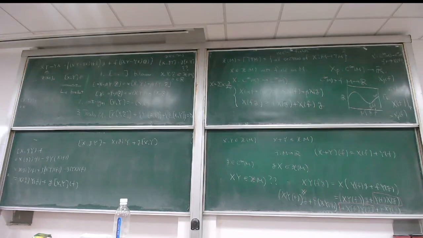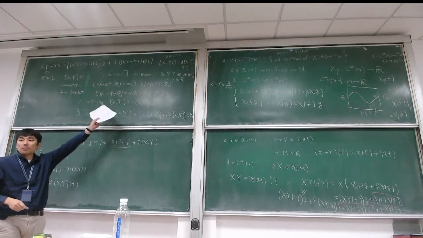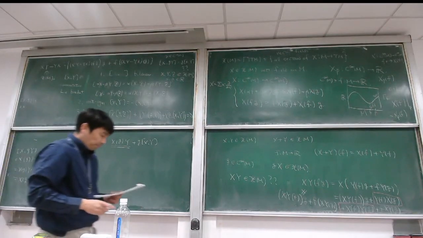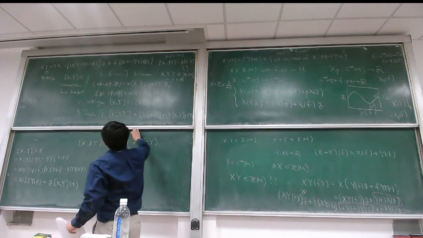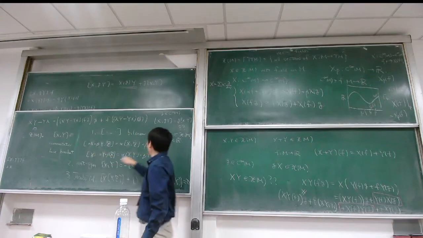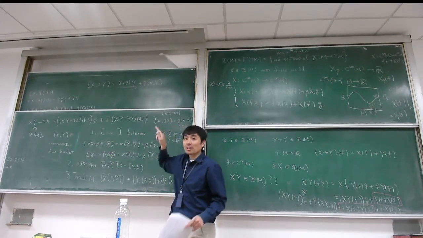So if you look upstairs, you have an extra piece. So therefore this upstairs has to be a real number, not a function. That's what I want to say.